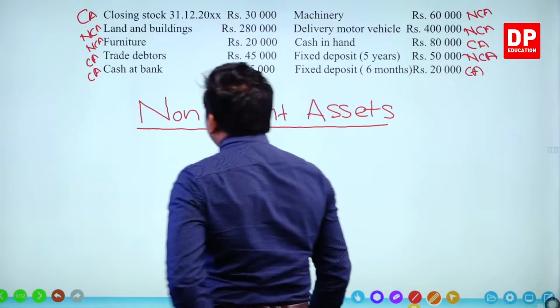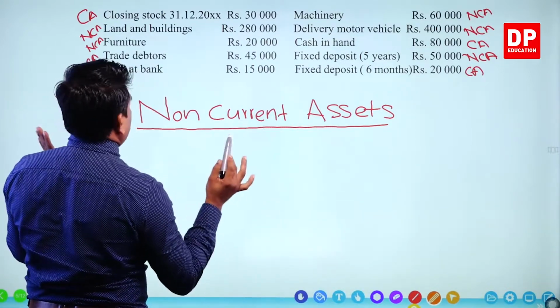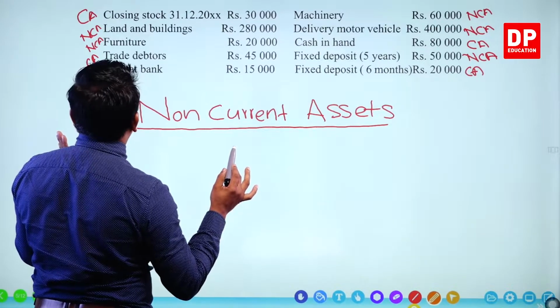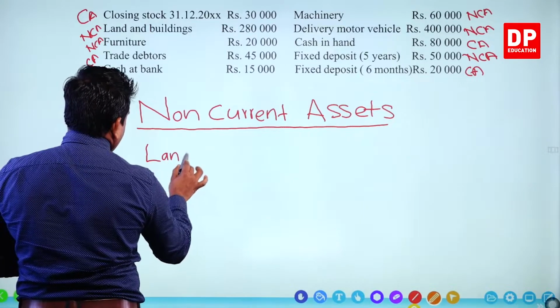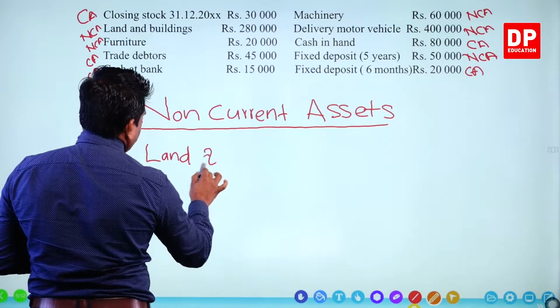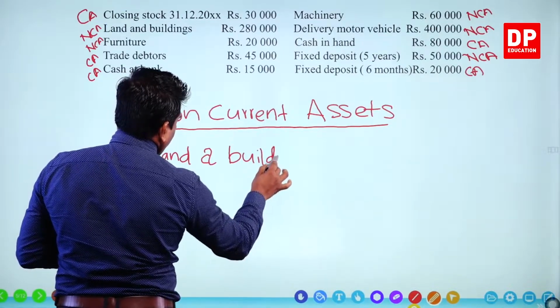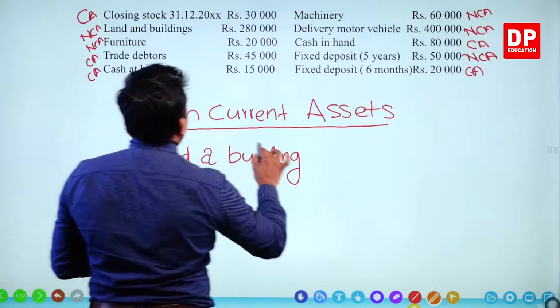Okay. Now, one by one we write and we put the values separately. Closing stock, current assets. Land and building. Value how much? 280,000.